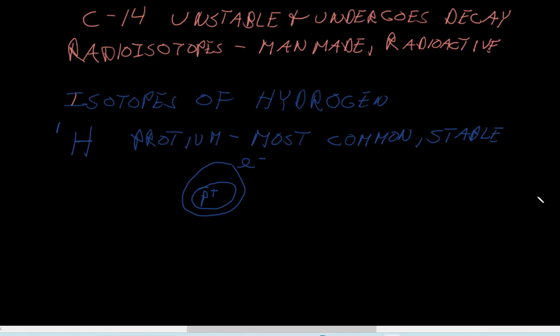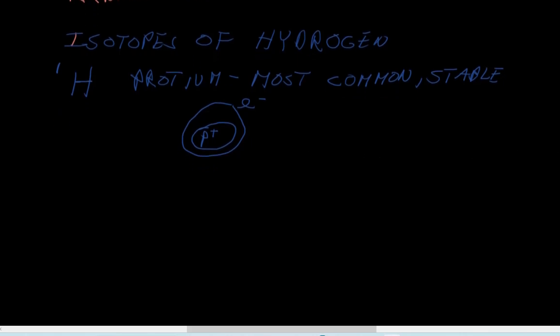The other more famous of the hydrogen isotopes is hydrogen with an atomic mass of 2. The hydrogen with the atomic mass of 2 is referred to as deuterium.